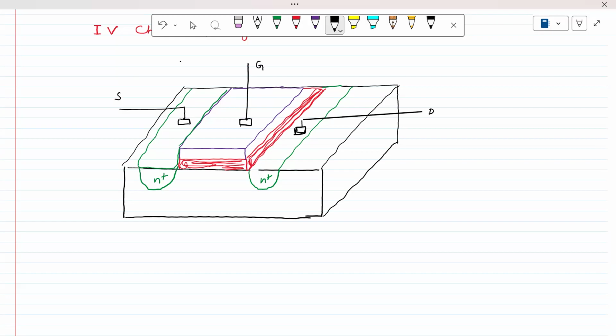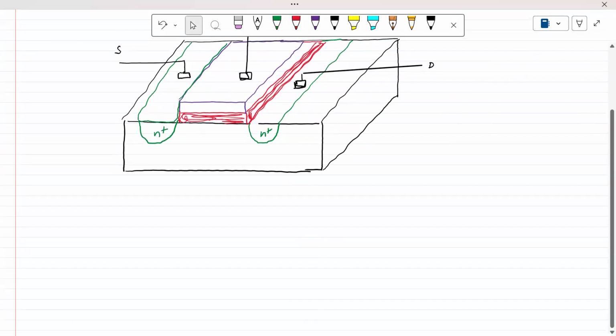Now, a very important thing that we have to remember is the length of this particular area. The length of this one is nothing but L, that means the source to drain distance is L. Another important parameter is the thickness of the oxide, which we call Tox.